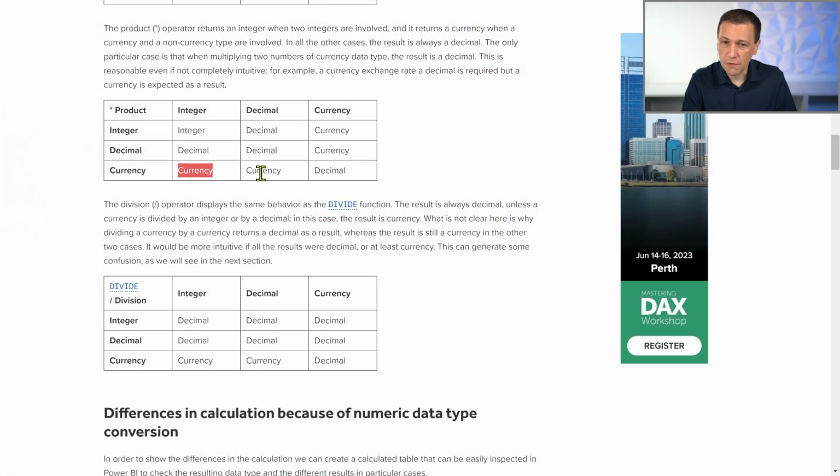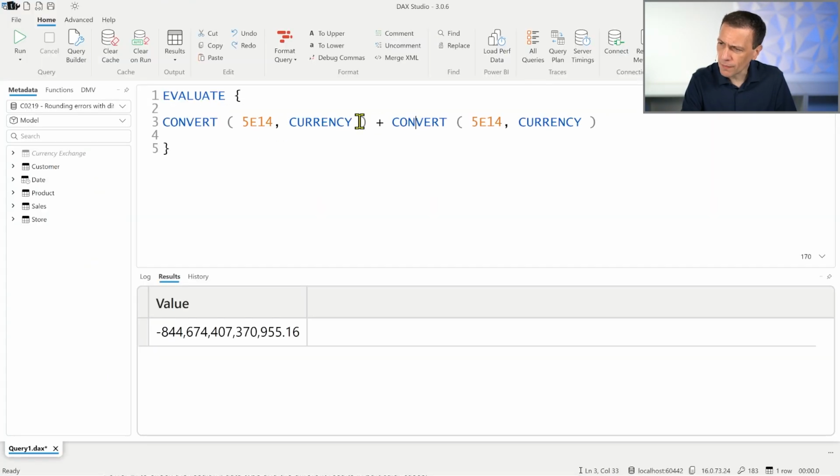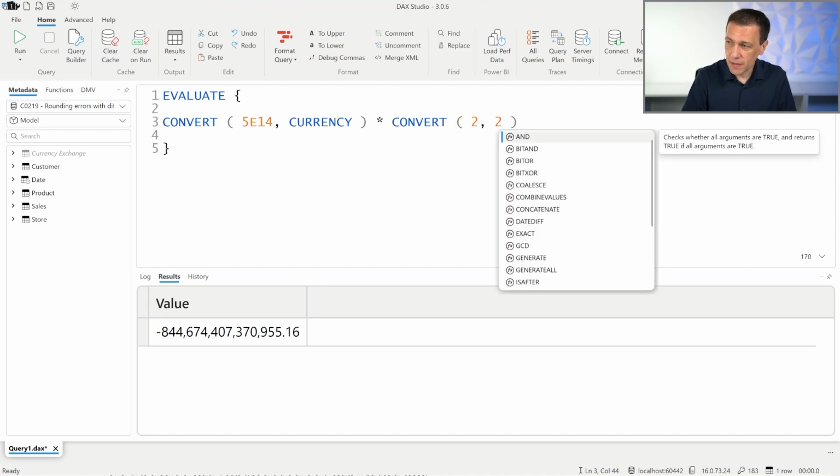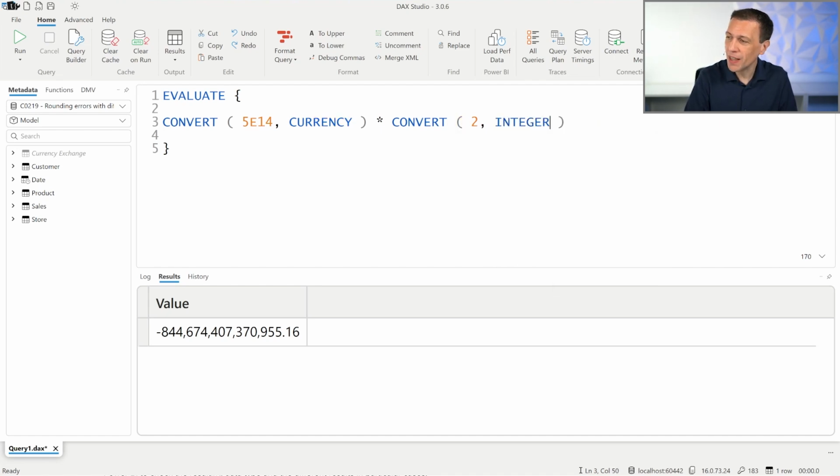So even though the product between a currency value and an integer value could generate a number that is outside of the range, that does not produce an error. We can try to see that. If I go back to my DAX Studio, I multiply this by 2 with an integer, because this is the same operation as when I do the sum of these two numbers.